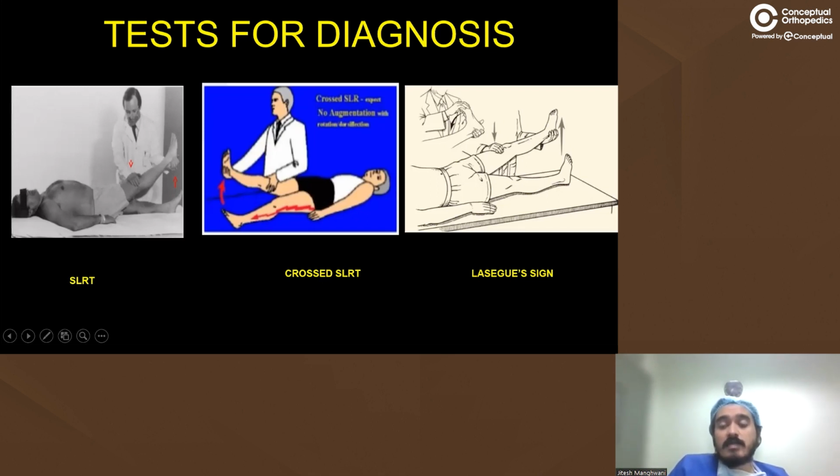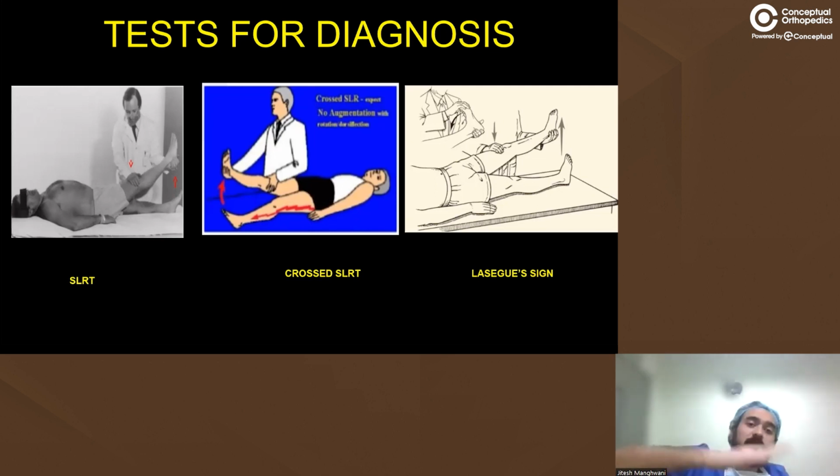Lasegue's sign is basically one step ahead of the straight leg raising test. After you elicit the straight leg raising test, the patient gets pain. Once the patient gets pain, decrease the angle of the leg. For example, once you did a straight leg raising test and got a positive test at 60 degrees, get the leg back to 50 degrees.